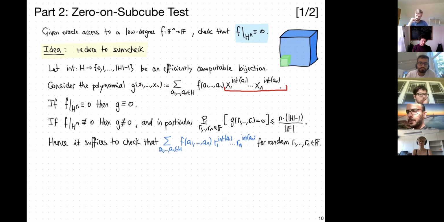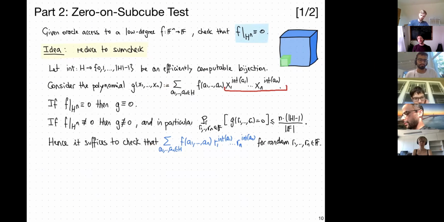Before I continue, this reduced the problem to checking the sum over G. To solve whether the function on the hypercube is entirely zero, it suffices to check this sum.